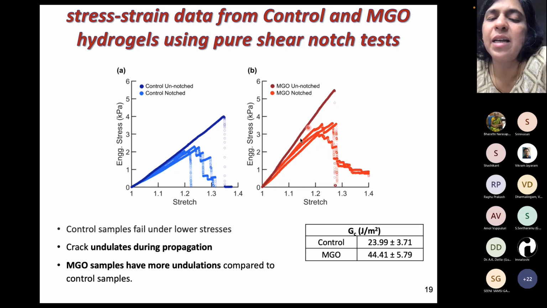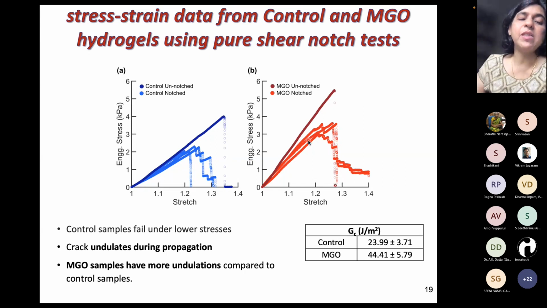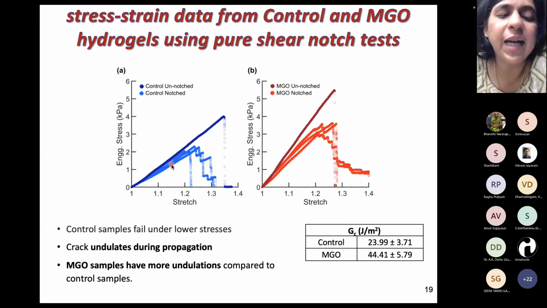And again, the dark line corresponds to the unnotched sample, which makes sense because here we see that the unnotched sample has a much sharper stress versus stretch graph, whereas that for control is showing much less. The second thing is there's about 4 different samples in the control and the NGO gels, which were notched and tested. And we see some very nice behaviors here. And I want to walk you through some of these ideas here.